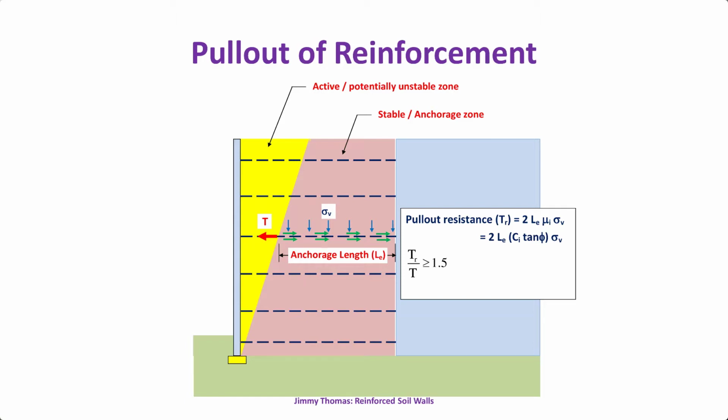So again, this is a very simple calculation, basically bond resistance is through friction. Right? So here actually there is a factor of 2. Basically if you have reinforcement, there is an upper face, lower face. So the area, into 2, into the length, will give the area, then the coefficient of friction into the vertical stress. So that is my frictional resistance. Then we have to ensure adequate factor of safety.